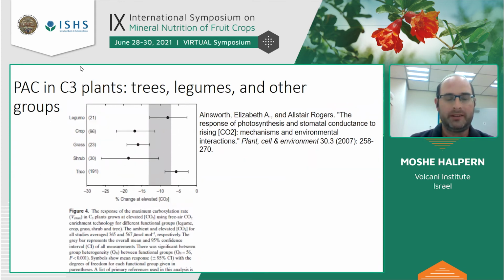She saw basically that legumes and trees are affected the least, at around -6 or -7% response of their VCmax when you grow in elevated carbon dioxide, and crops have more.